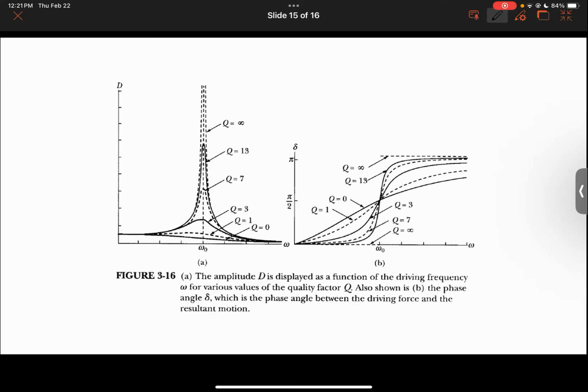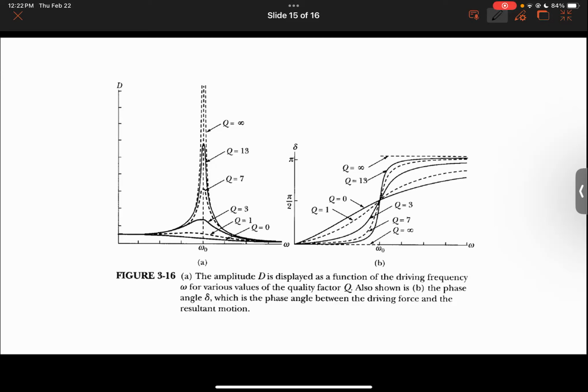We can see that at omega naught, D peaks for all of them, right? That means D is at its maximum, or the system is at resonance.